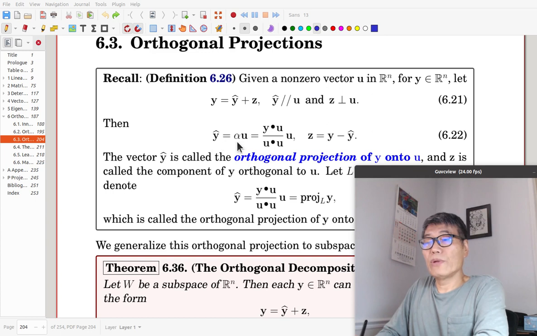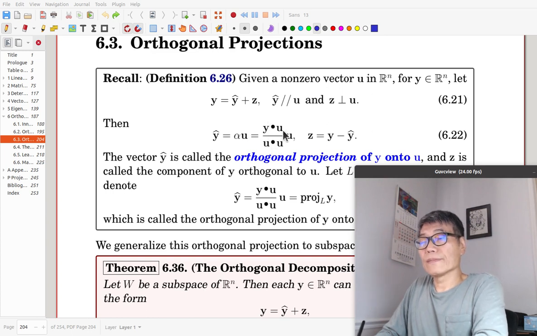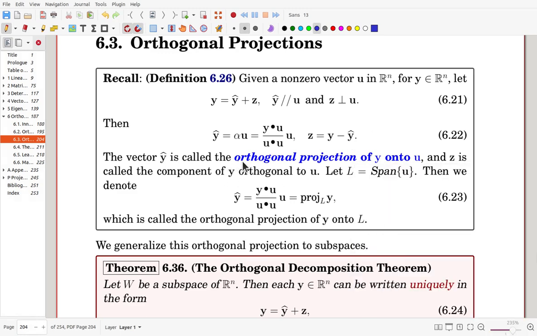Y hat can be written as alpha u, and alpha can be determined by this quotient. After getting y hat, we can decide z to be y minus y hat. The vector y hat is called the orthogonal projection of y onto u.